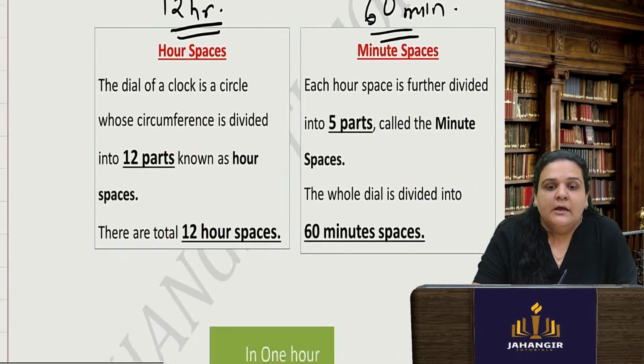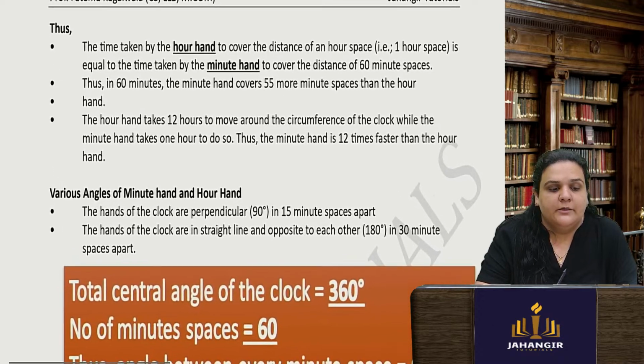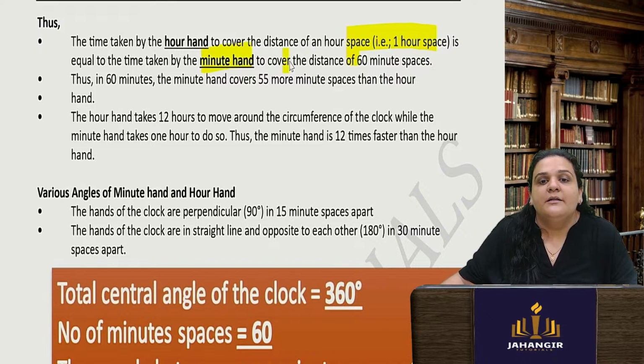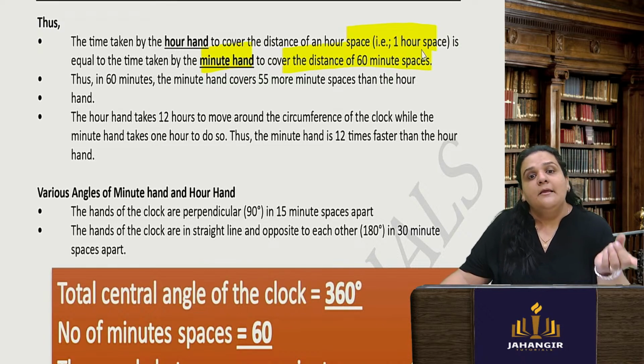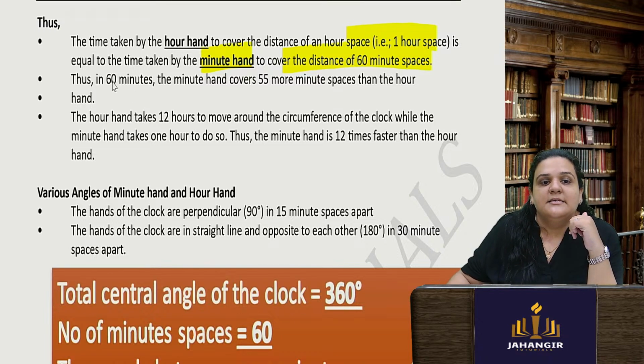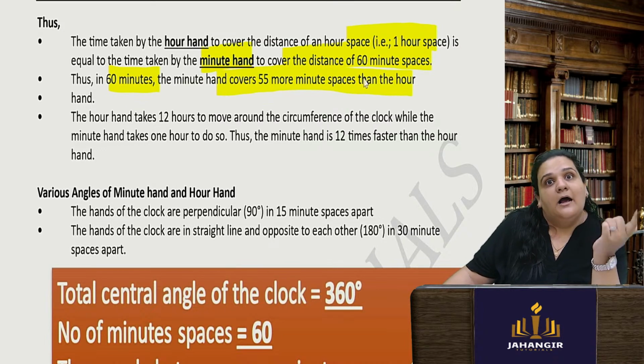Therefore I have written over here: thus the time taken by the hour hand to cover the distance of 1 hour space is equal to the time taken by the minute hand to cover the distance of 60 minute spaces. Thus in 60 minutes, the minute hand covers 55 more minute spaces than the hour hand.